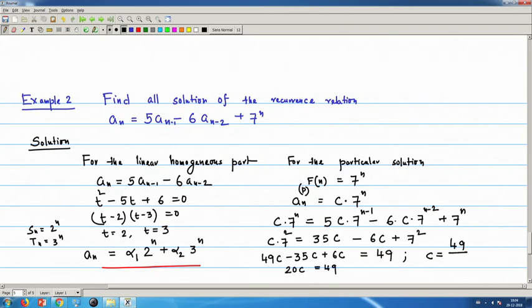So, c equal to 49 by 20. So, this is my particular solution.